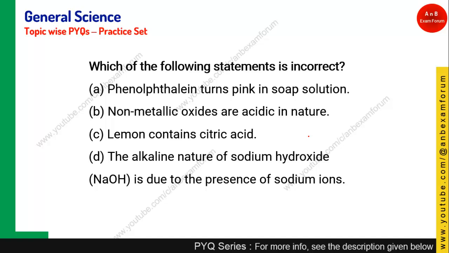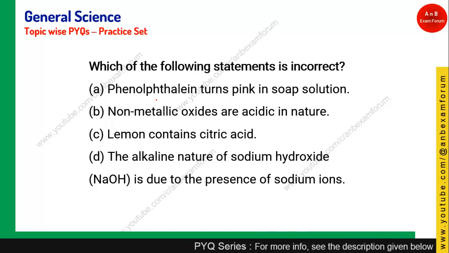Let's see the next question. Which one of the following statements is correct? The statement says phenolphthalein turns pink in soapy solution. Yes, it is right. Non-metallic oxides are acidic in nature. Yes, it is true.